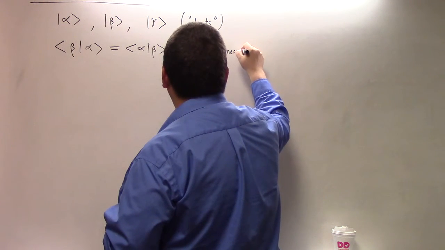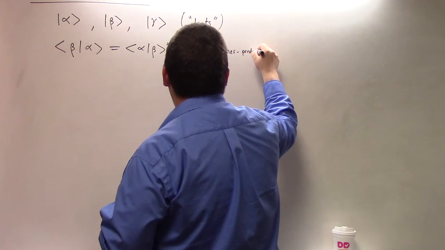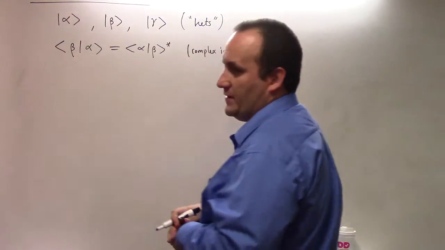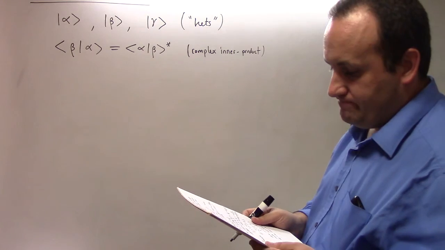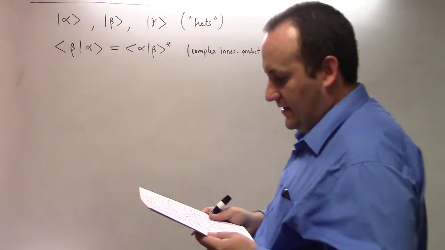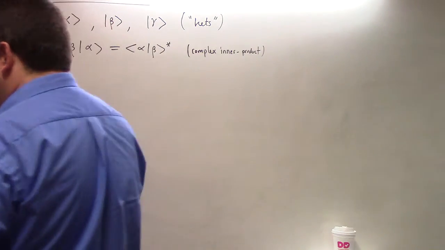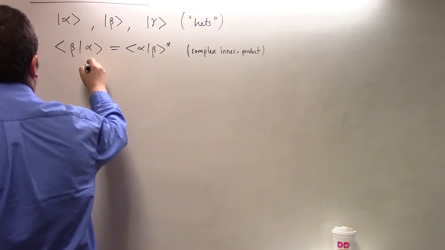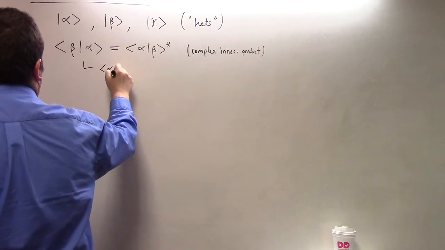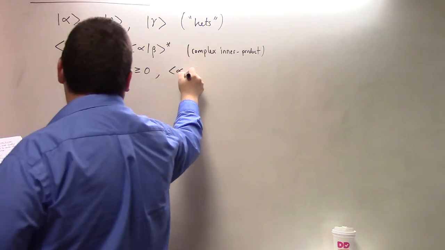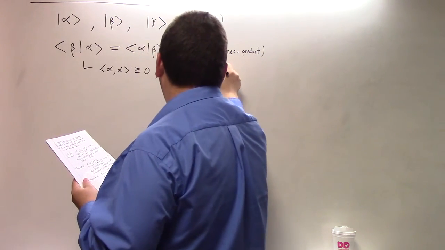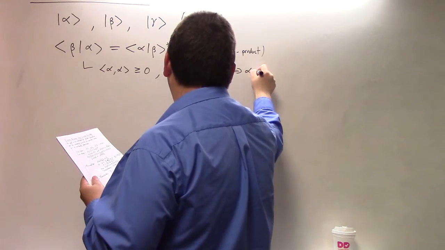So the alpha, the beta, the gamma, these are state vectors, all right? Let's see, what do we have? Some usual stuff, like alpha alpha is greater than or equal to 0. If you have alpha alpha equal to 0, that's true only if alpha is 0.